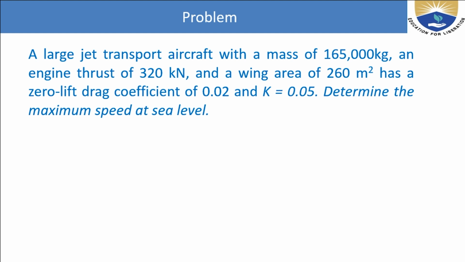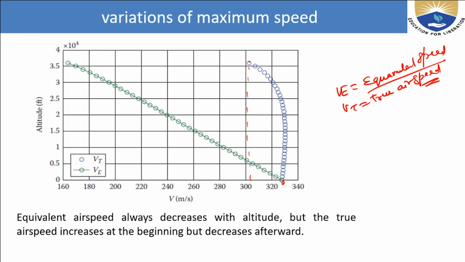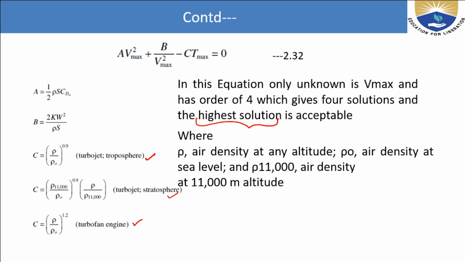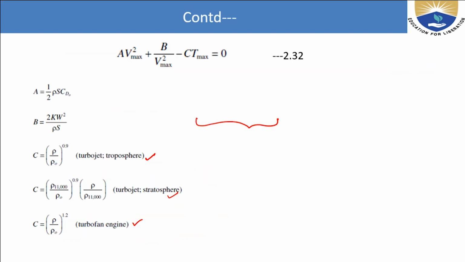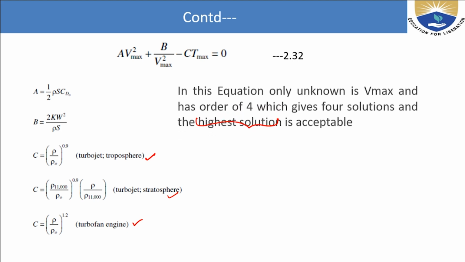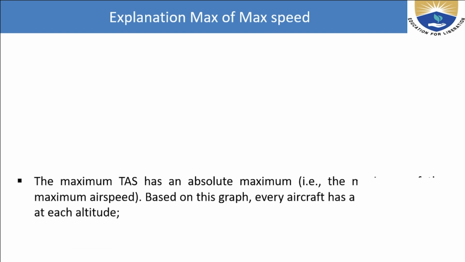Determine the maximum speed at sea level. We have just now derived this equation for the maximum speed, so we have to use this equation and find all these things.